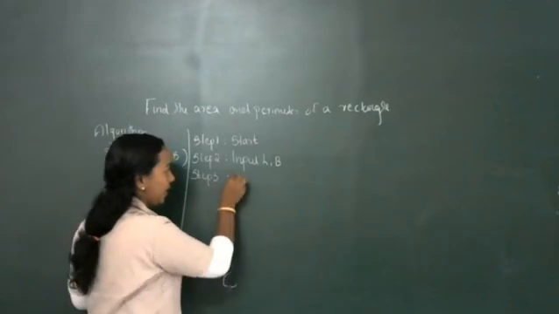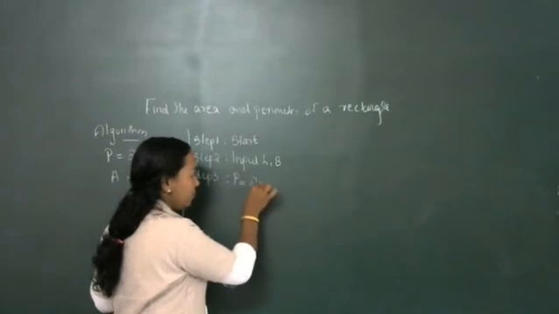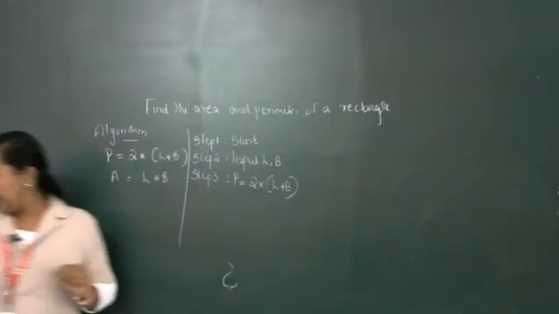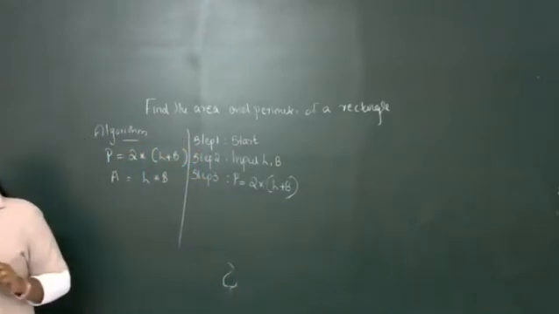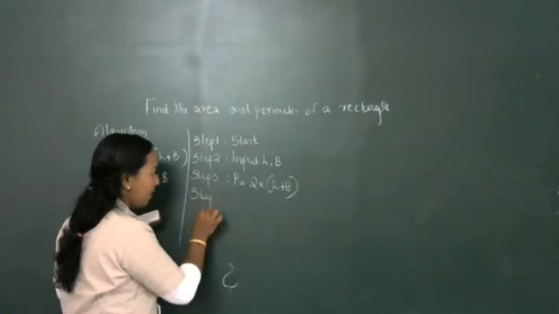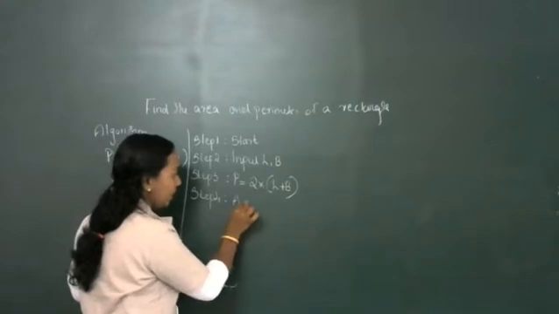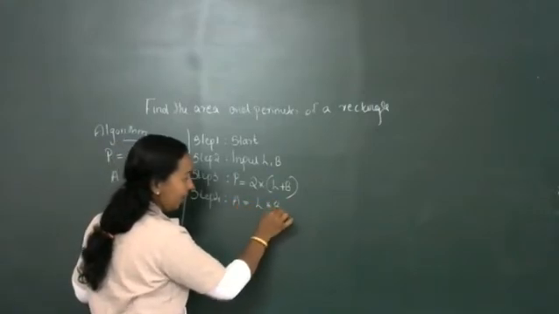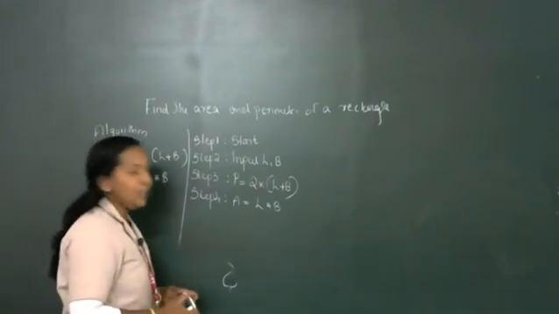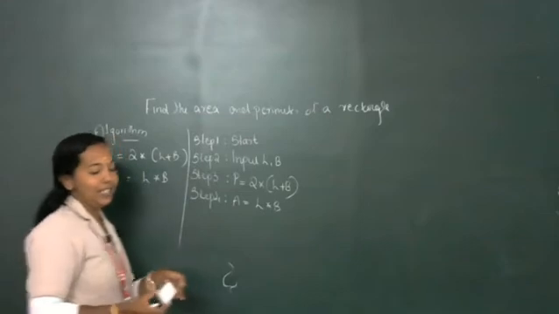What is the equation to find the perimeter? P is equal to 2 star L plus B. Then step 4, again I am going to find the area: A is equal to L star B. So we found the perimeter and also the area.